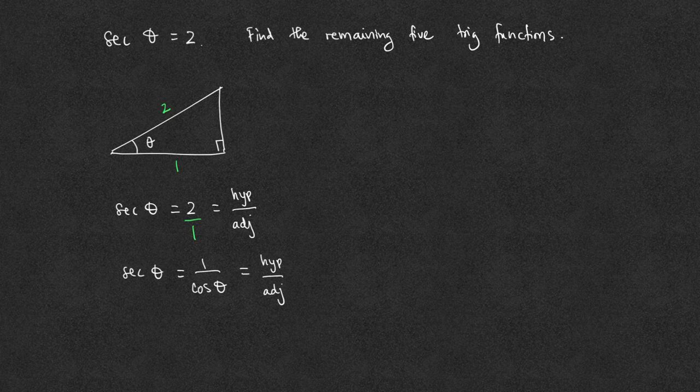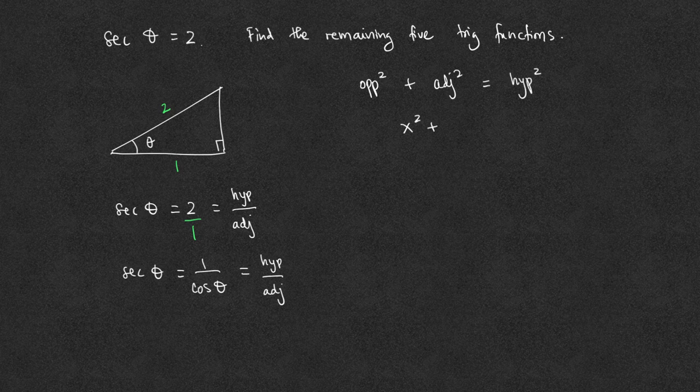Then we find the missing length. Using the Pythagorean theorem, what is missing is the opposite. The opposite squared plus the adjacent squared equals the hypotenuse squared. We don't know the opposite, so we call it x for now.